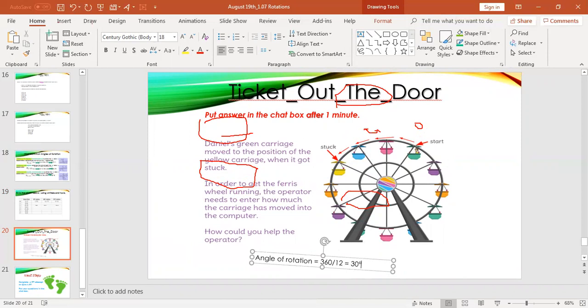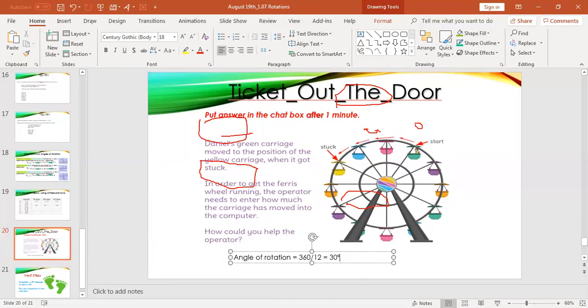But how many angles that measure 30 does the gondola pass through before it hits the yellow gondola? If you count from green to pink, that's a 30-degree angle. From pink to blue, that's a 30-degree angle. And from blue to yellow, that's a 30-degree angle.